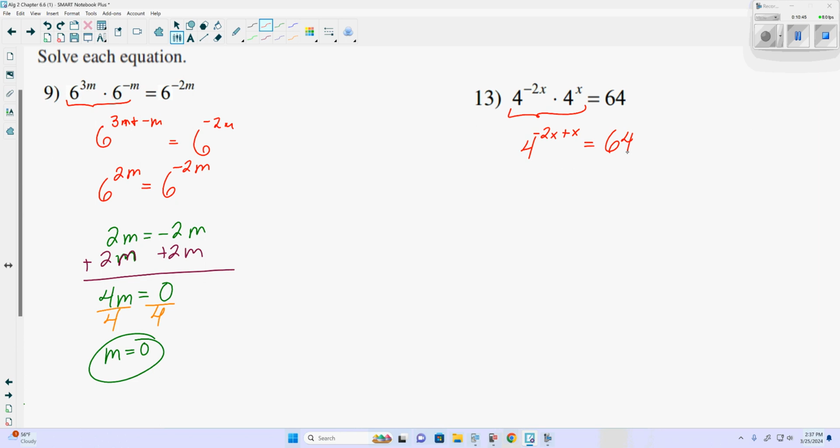Are the bases the same? Because on the left-hand side, our base is 4. On the right-hand side, the number is 64. So if we're going to solve it this way, we really need to rewrite 64 as 4 to a power. Yes? 4 to what power is 64?